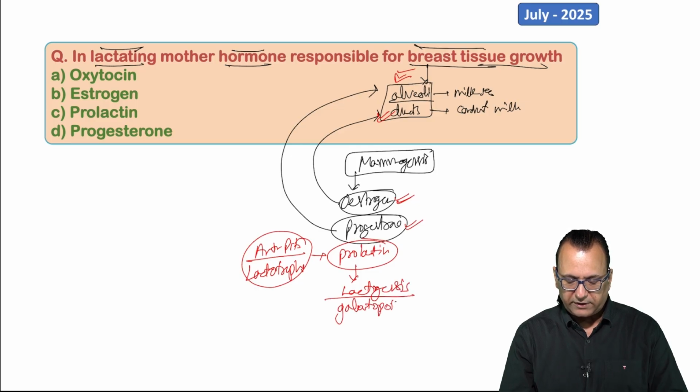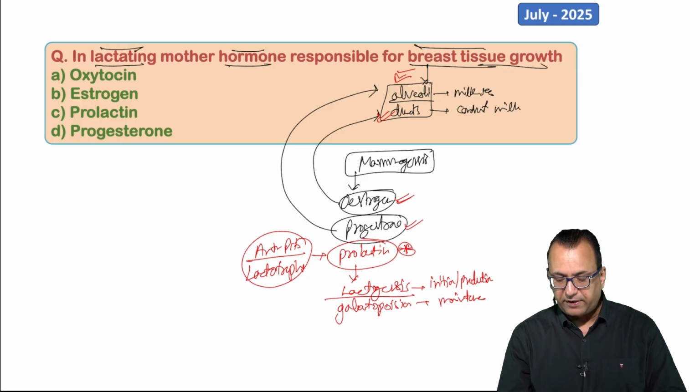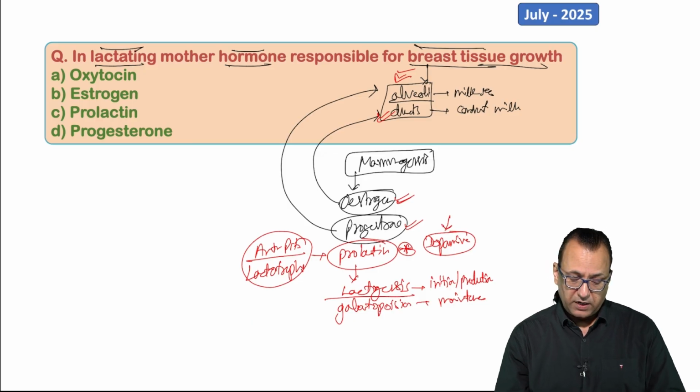Galactopoiesis means maintenance of milk secretion, while lactogenesis means initiation and production of the milk. That is the job of prolactin. Prolactin is inhibited by dopamine. That is also to be remembered, because when we talk about pharmacology, this will help.